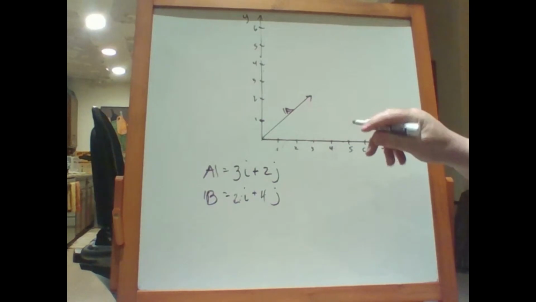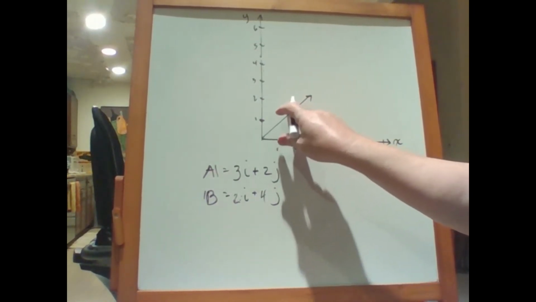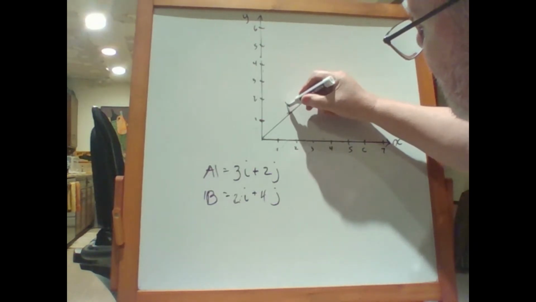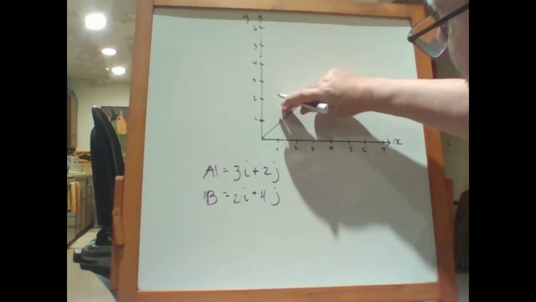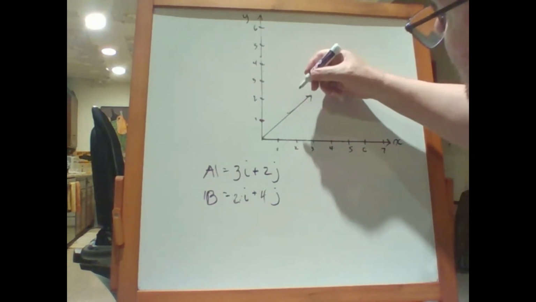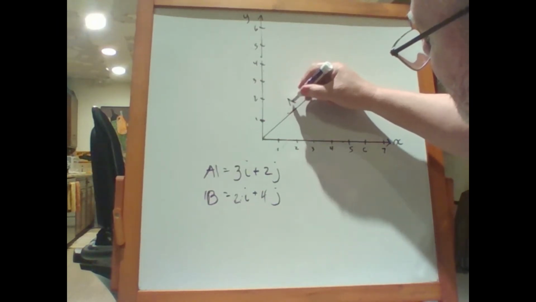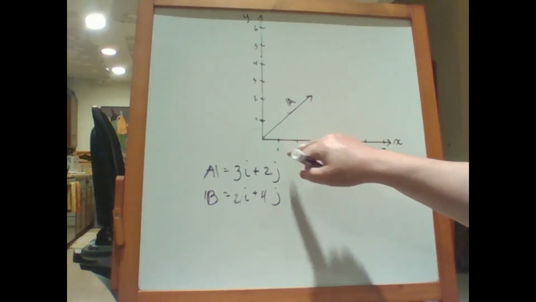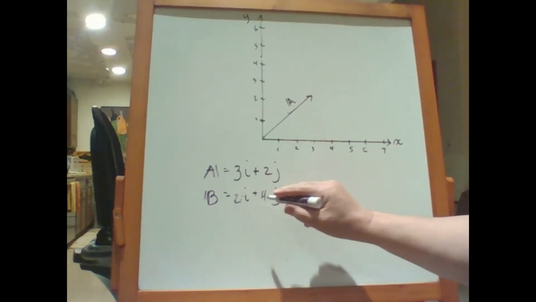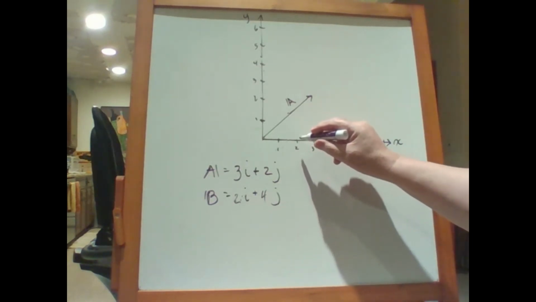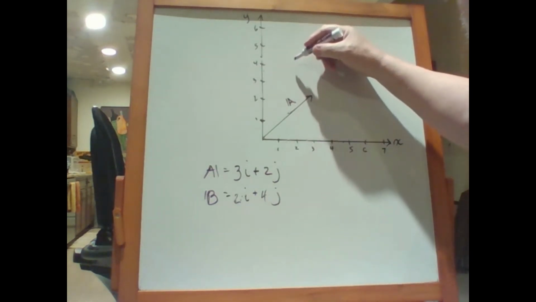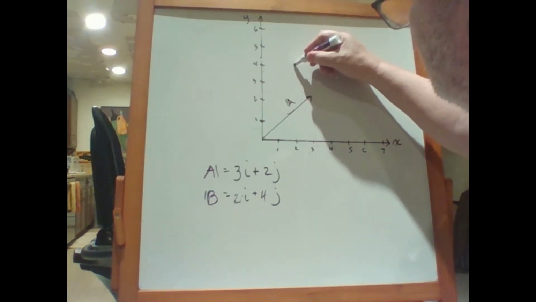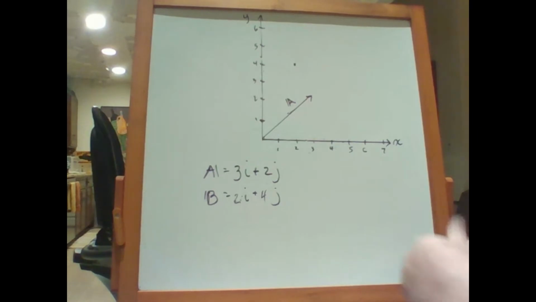Okay, boy, that's not a very good A. That's vector A. And vector B is 2i plus 4j. 2, 1, 2, 3, 4. Okay, so it's up here. That would be B.